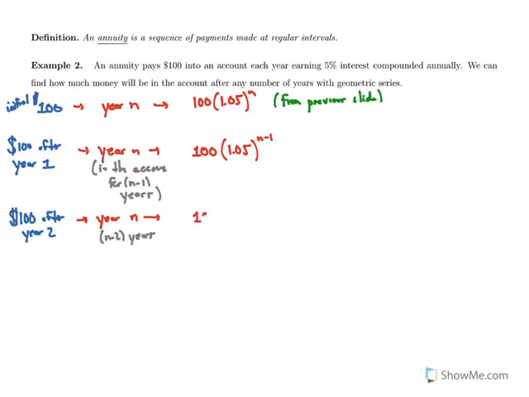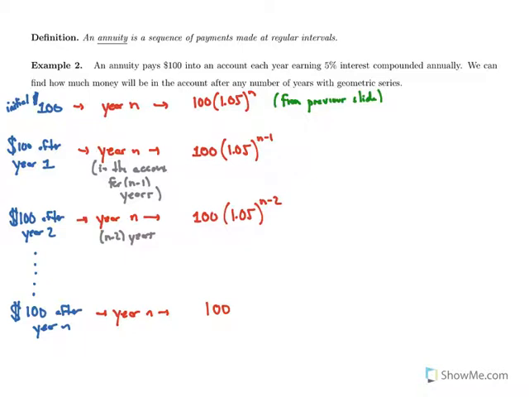We have 100 times 1.05 to the N minus 2. And note that we're going to keep on doing that forever until we have the $100 we have after year N. How much is that money worth after year N? Well, that's just worth $100 because it hasn't accrued interest as the other ones have.